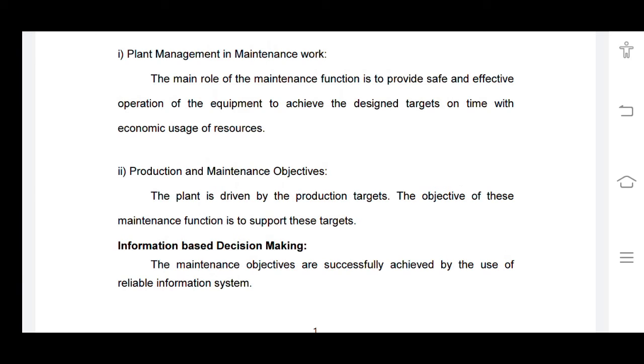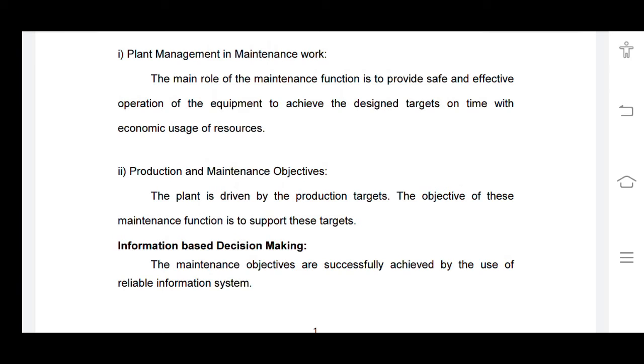So in plant management, the main role of the maintenance function is to provide safe and effective operation of the equipment to achieve the design targets on time with economic usage of resources.